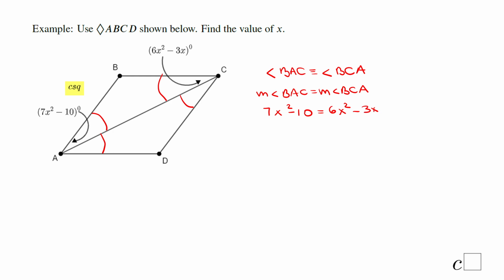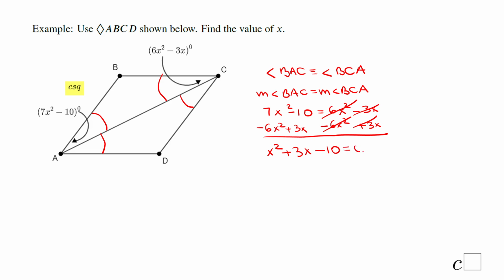So we have a quadratic equation here. We need to set this one to 0 to have the standard form, how it's called. I think the best way is to subtract 6x squared. So we have here x squared. I'm going to add also 3x because I want to have 0 on the right side in this case. So we have x squared plus 3x minus 10 equals 0.